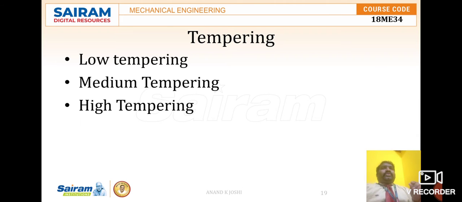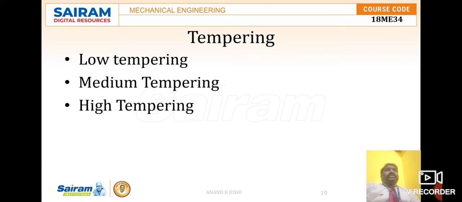Hence it is necessary to modify some properties, and this is done by means of a tempering process. This tempering process is a heat treatment process that reduces the brittleness of the steel without significantly lowering its hardness and its strength. So tempering forms an essential operation performed after hardening.